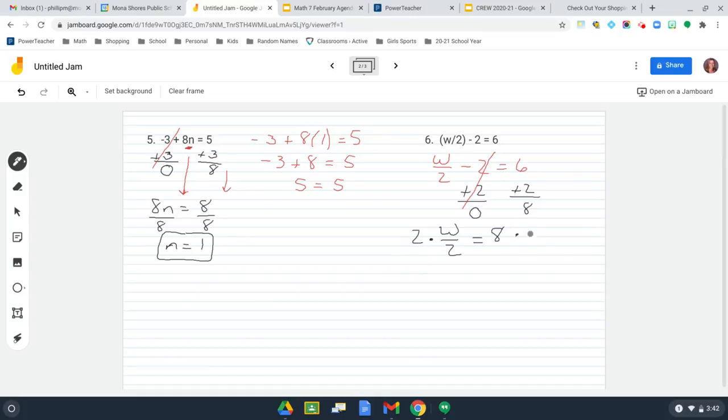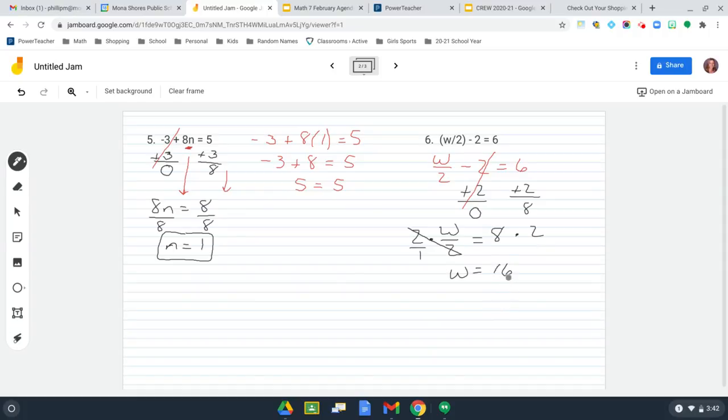I'm going to balance by doing that on both sides of that equal sign. Use that multiplication property of equality to solve. So what happens is the 2's cancel out, and you're just left with W. And then 8 times 2 on the right is 16, which makes sense.